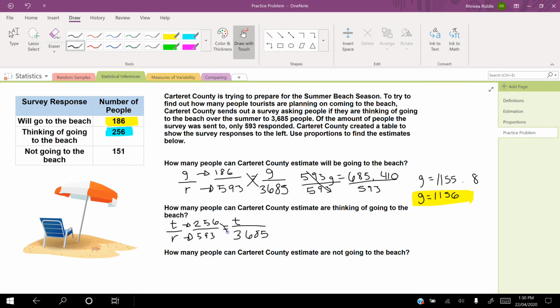So now we're going to cross multiply just like before. 593 times T is going to be set equal to 256 times 3,685, which is 943,360. So we need to get this T by itself. So we're going to divide both sides by 593.